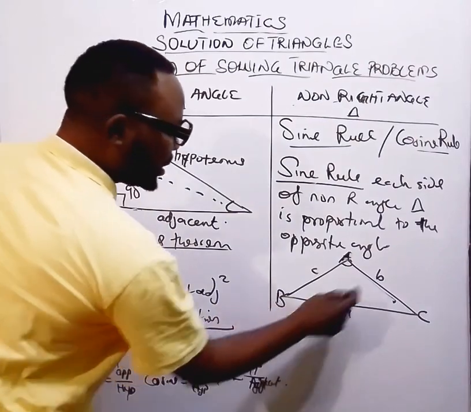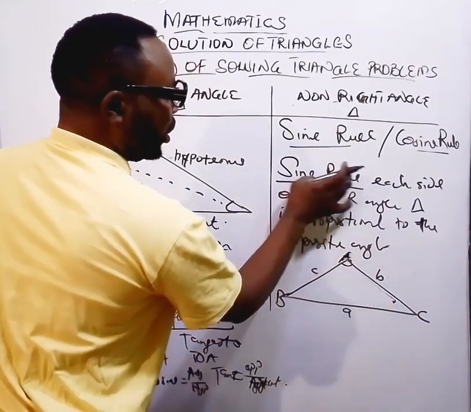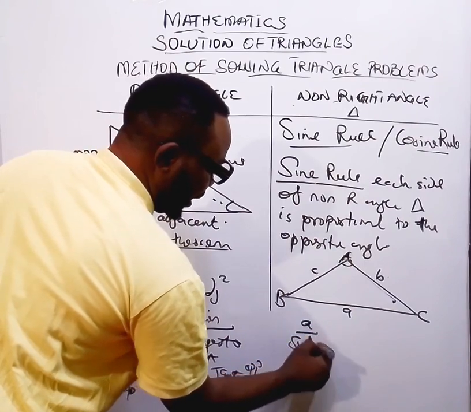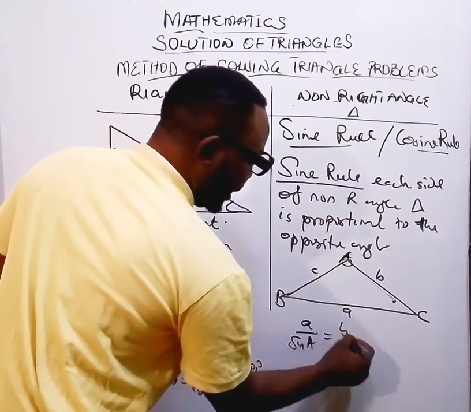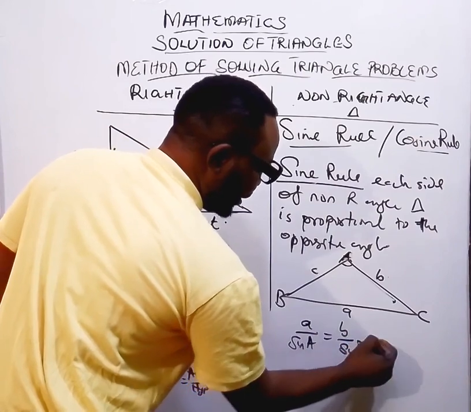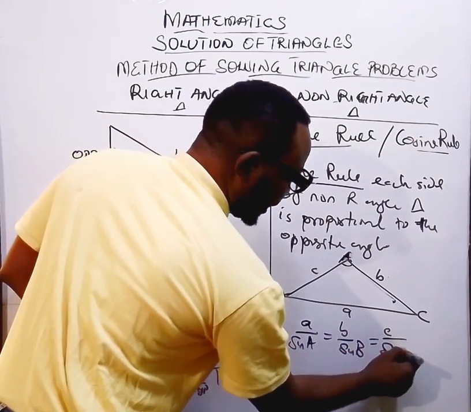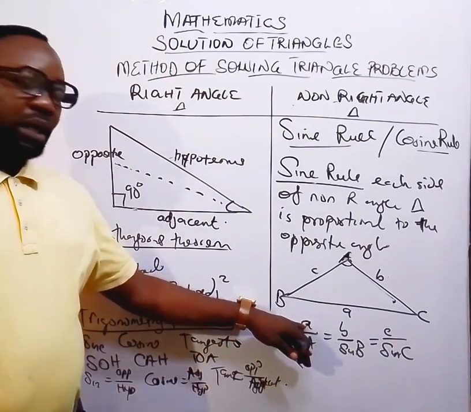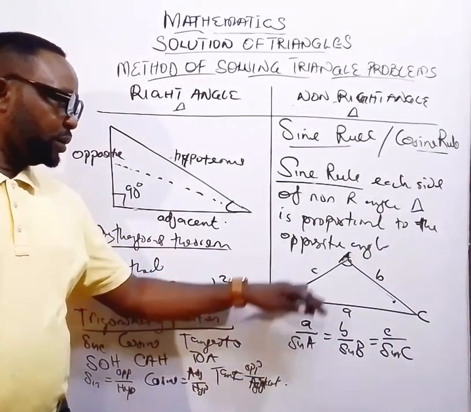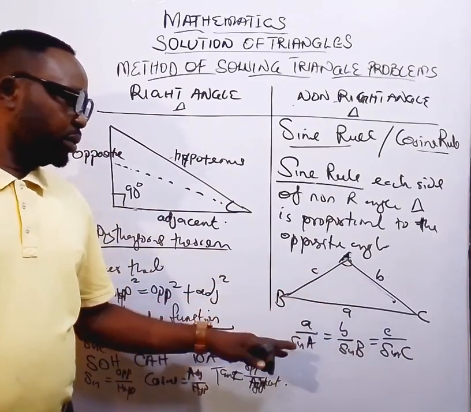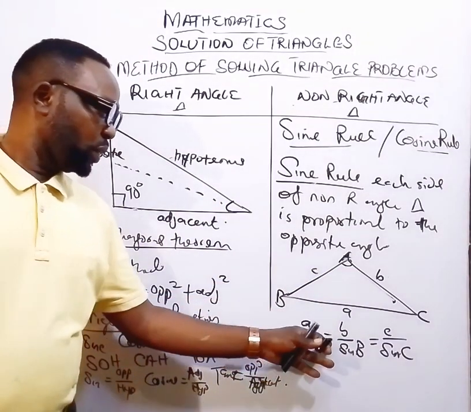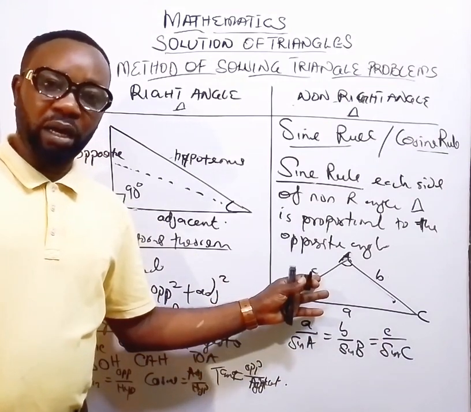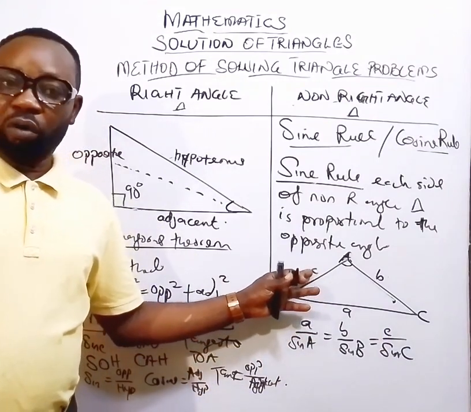The sine rule says that a over sine A equals b over sine B equals c over sine C. It means that each side of a non-right angle triangle is proportional to the sine of the opposite angle.